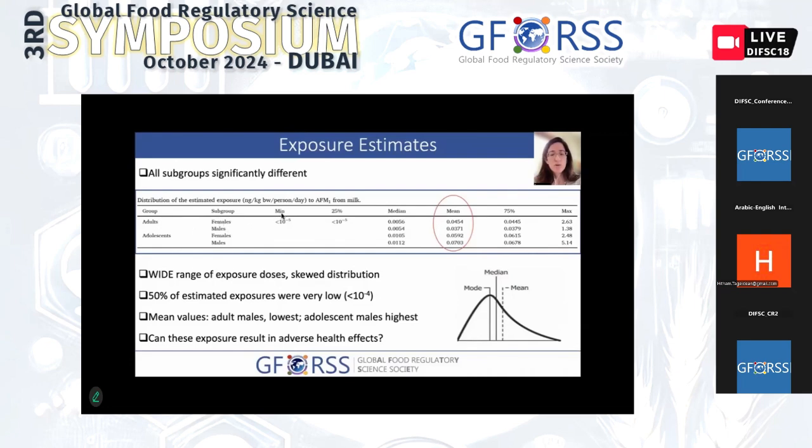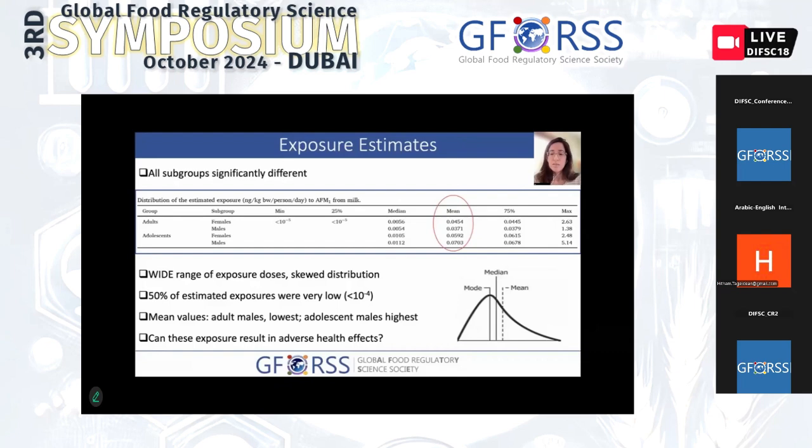So these are the subgroups. We have here the description of the distributions in terms of the minimum values, the 25th percentile, the median, which is the 50th percentile, the mean, the 75th percentile, and the maximum value of the distribution. As you can see, the range is very wide, right? We go from 10 to the minus 5 to single digits.